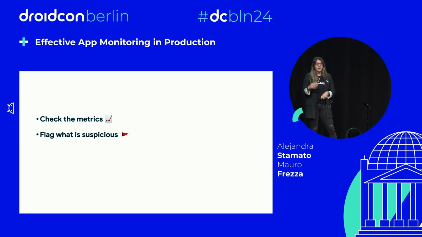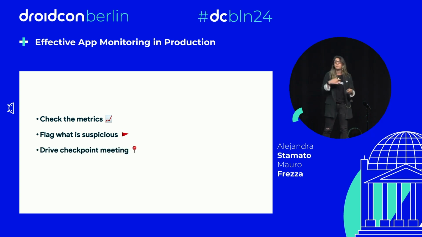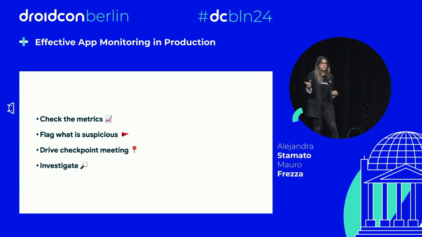Or there is another checkpoint in which this could happen, which is a checkpoint meeting. It's the responsibility of the metrics DRI to drive that meeting, take a look at the notes from the previous meeting, see if the things that we said should be recovered by this time are recovered, for example, and flag anything that we need to take a look at in that meeting. And during that meeting, which is a short span of time, we might jump into investigating any issues that we're flagging.